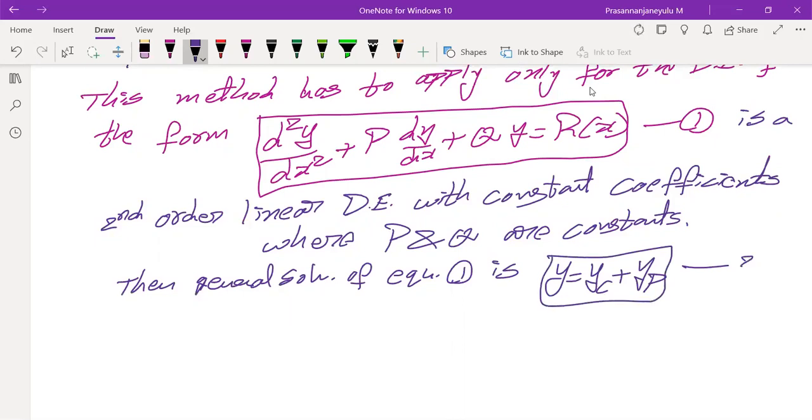Taking this as equation number 2. How to find yc? Find yc using our procedure, our method.